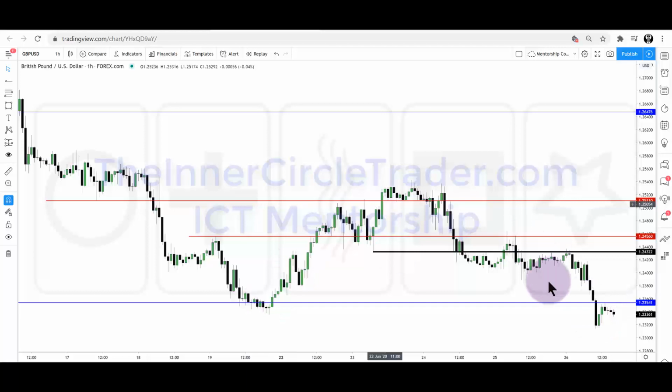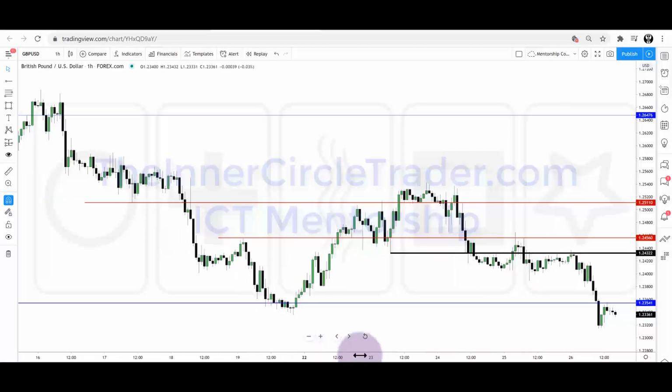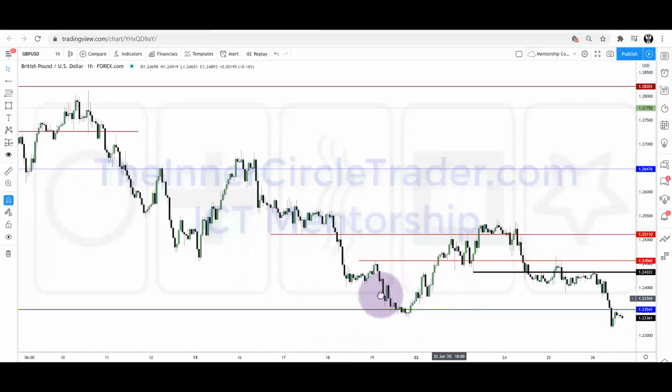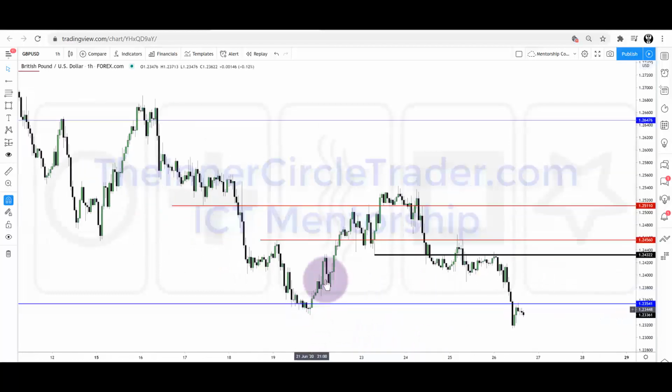This doesn't look like a perfect example of my market maker sell model, because you're used to seeing me have a very beautifully outlined with all the boxes, all the things lined up for you. But you have to study this particular fractal to understand how good this is. If you scrunch it up a little bit, you can start to see the characteristics a little bit better. But when you spread it out, it kind of makes it a little bit harder to recognize.